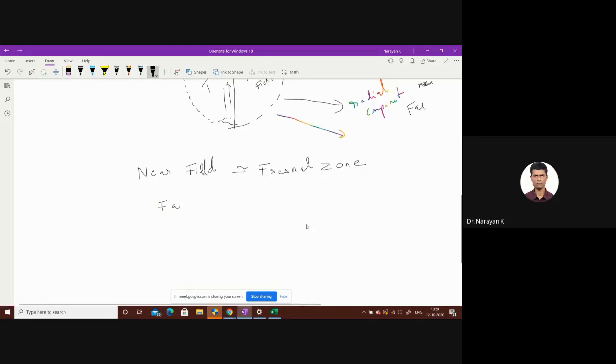Your far field is known as the Fraunhofer zone. Far field is known as Fraunhofer zone. So this comes as a short note question.